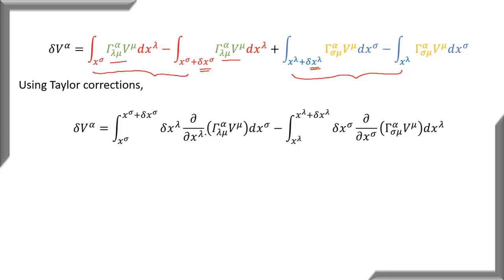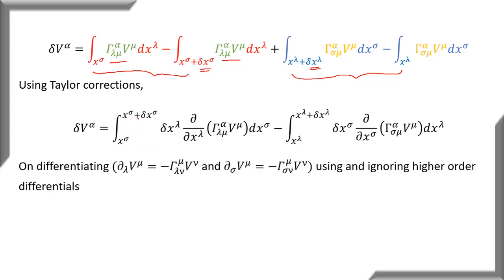And you can see here I have a derivative and two functions over here. So when I take a derivative of these, I will again end up with 4 terms, but I can get rid of this sigma using the Taylor corrections.